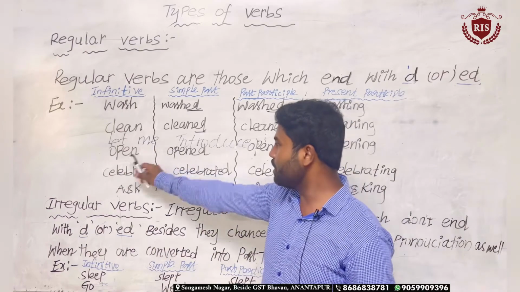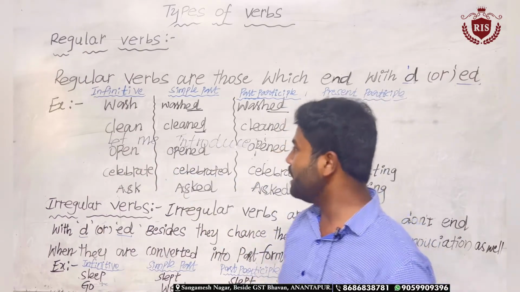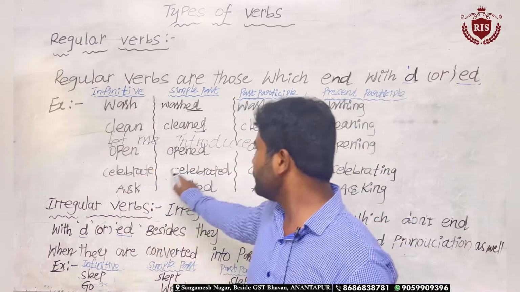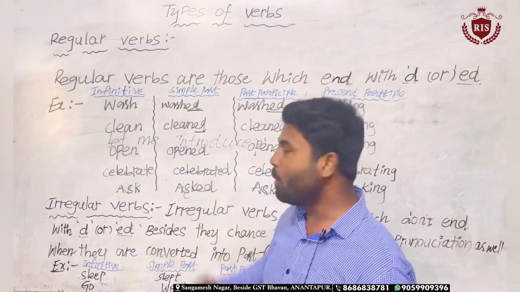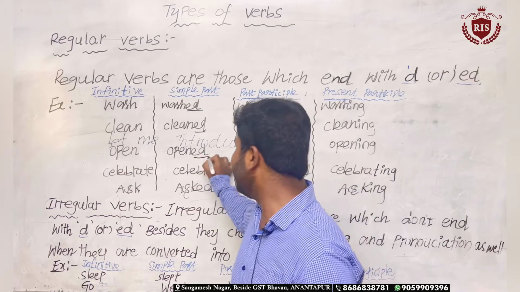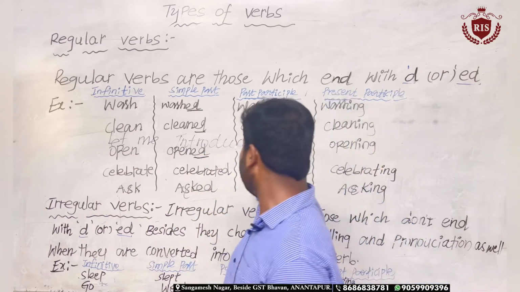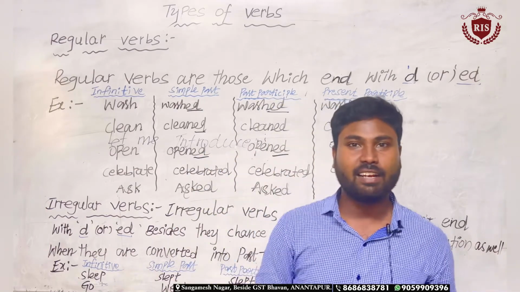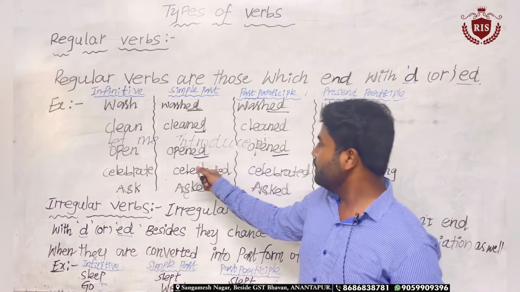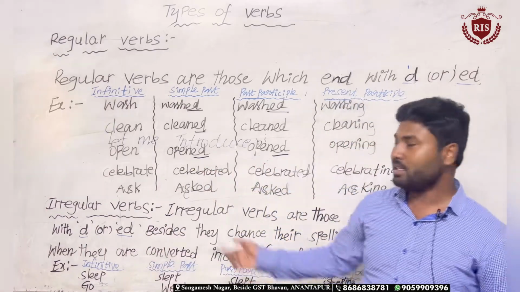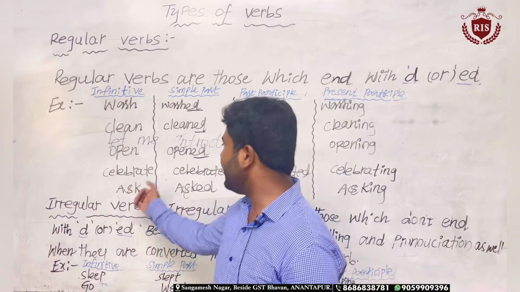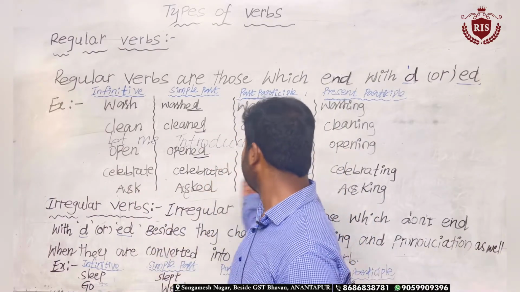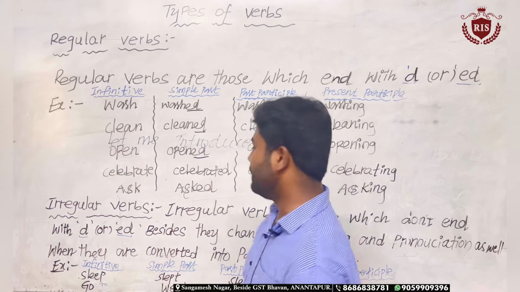Next, let us look at the third example. Open. The infinitive form of the verb is open, the simple past is opened. Again here it ended with ED, and here it also ended with ED. So open, opened, and opening. The next one, celebrate. Celebrate, celebrated, celebrated, celebrating.